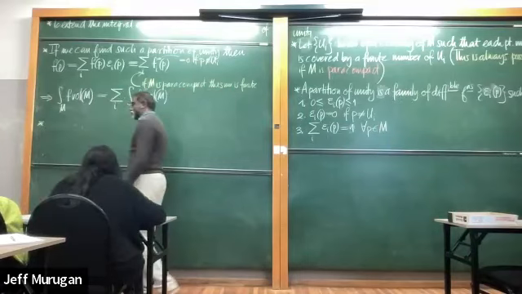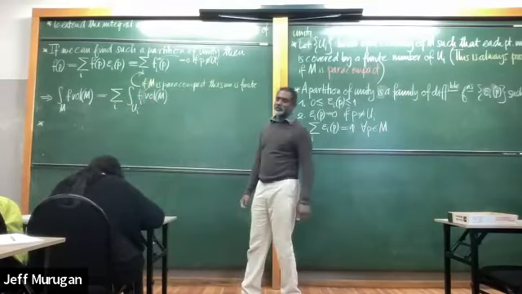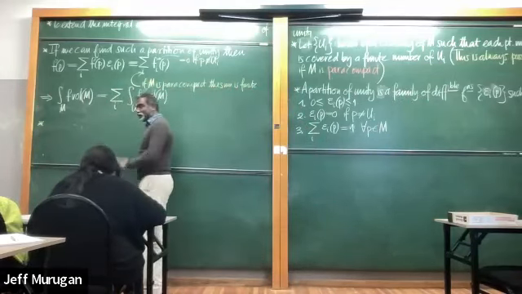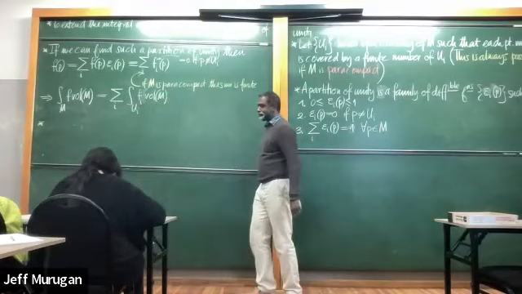So let me do an example to illustrate how this works. I want to calculate something whose answer we already know, and it's calculable by elementary methods in a much easier way. But I want to illustrate the point of the partition of unity.